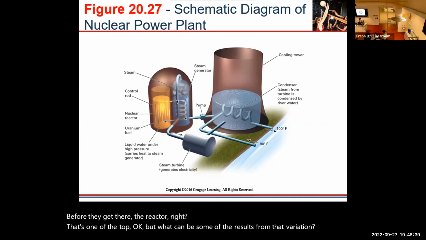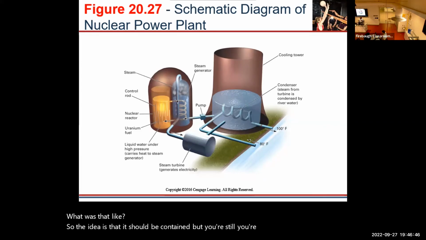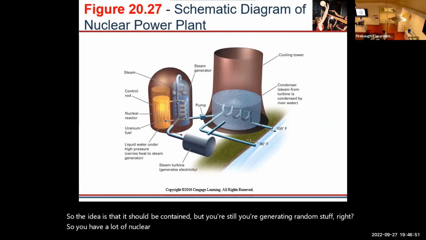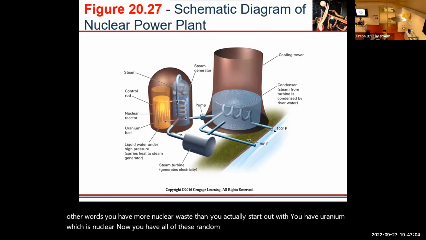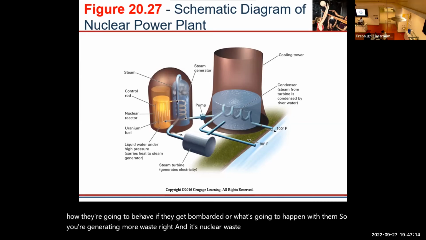Yeah, so the idea is that it's still generating random stuff, right? So you have a lot of nuclear waste. In other words, you have more nuclear waste than you actually started with. You had uranium, and now you have all of these random components. You don't know how they break apart, so you're generating components that are nuclear waste. That's one. So what else?